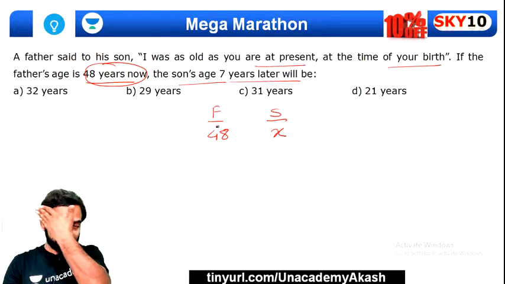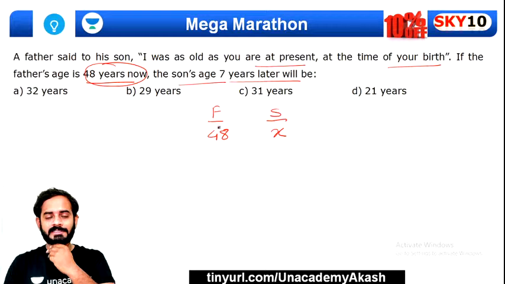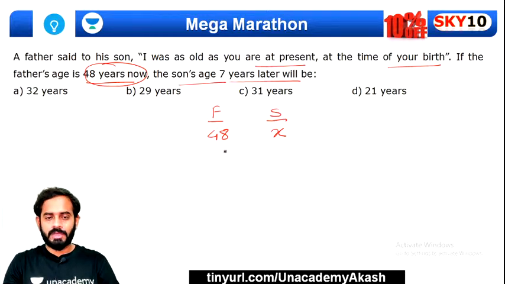So now what we can do over here is, 48 and x is the current age of them. Father said that at the time of your birth, that is when your age was 0, at that time my age was x. Now the number of years in which the age of son increased from 0 to x is plus x, because 0 to x it was an increase of x years.